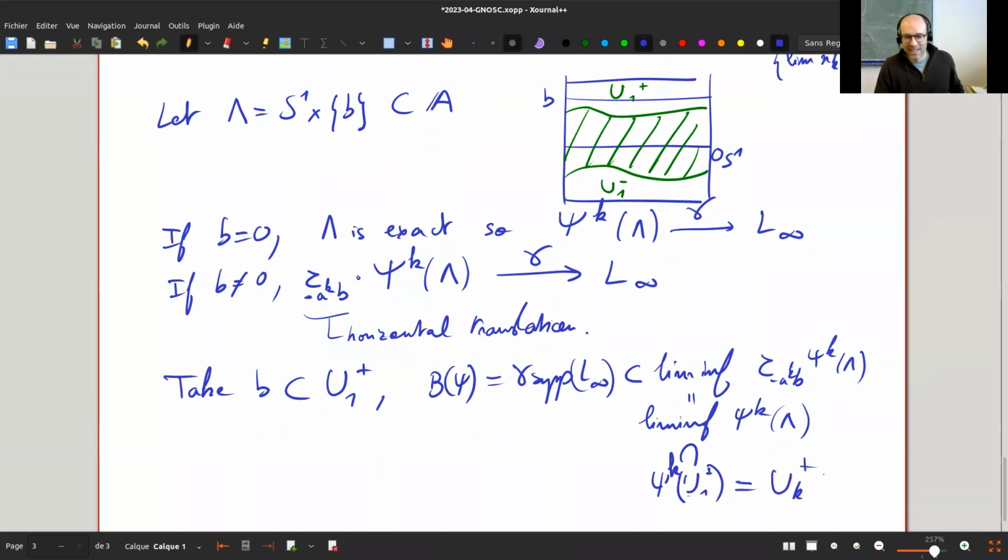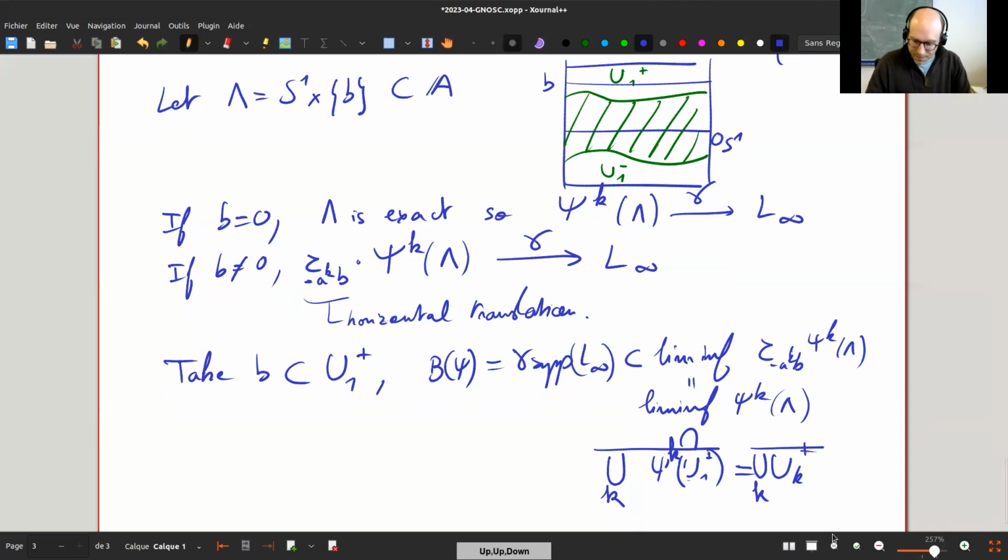So I proved that B of psi is included in, there's a missing union here, the union for all k, and then I need a closure here for this to be true. The limit is included in the closure of all this.